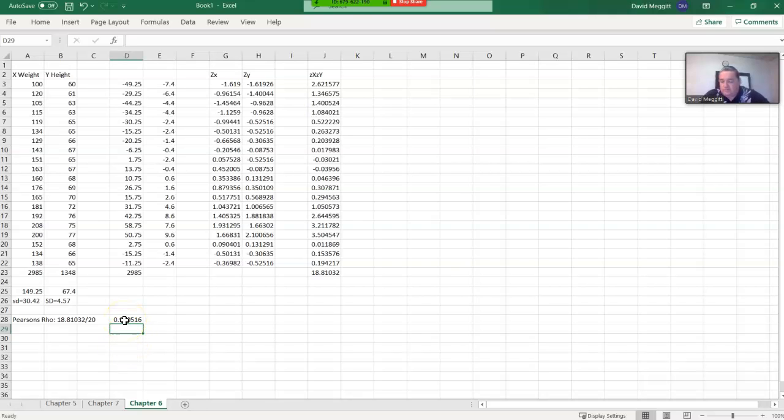That is the Pearson's coefficient, which means that to interpret this, it's positive, so they are related positively and very strongly.